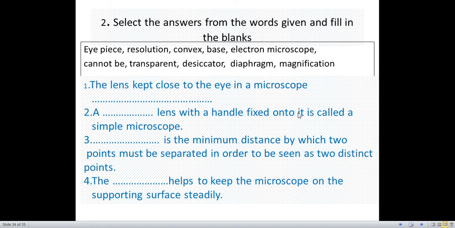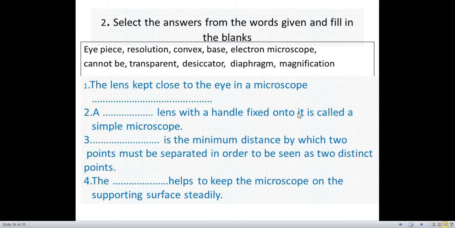Select the answers from the words given and fill in the blanks. Eyepiece, resolution, convex base, electron microscope, cannot be, transparent, desiccator, diaphragm, magnification. 1. The lens kept close to the eye in a microscope is the blank. 2.